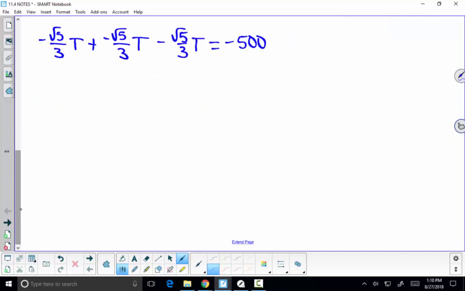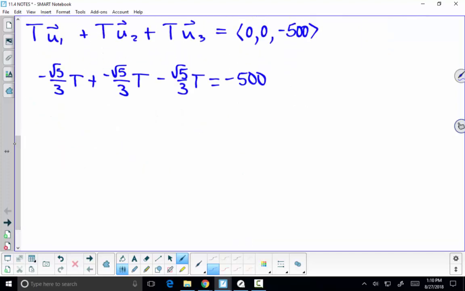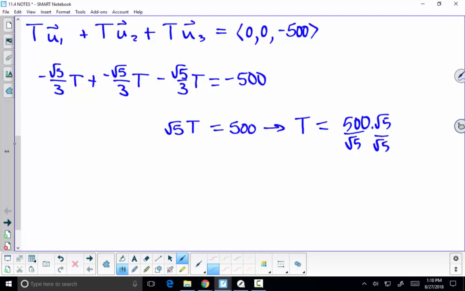Then we add all these together and divide out the minus, and we get a 500. When we add these together, we end up with just root 5 T. So the tension is going to be 500 divided by root 5, and then we'll rationalize it by multiplying top and bottom by square root of 5. We'll get 100 root 5. Okay, so that's the tension.